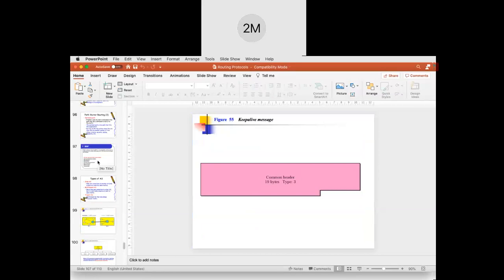Two protocols are remaining. One is BGP, Border Gateway Protocol, that we'll discuss next time, because if I start immediately, I think 50 minutes is already over, so I don't want to confuse you.